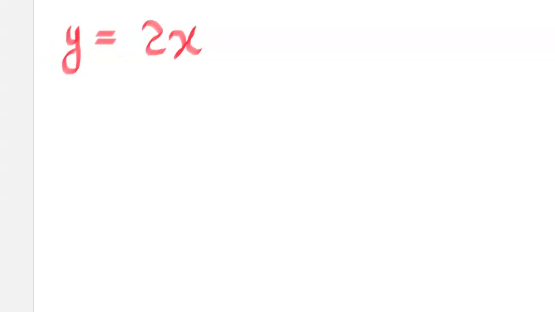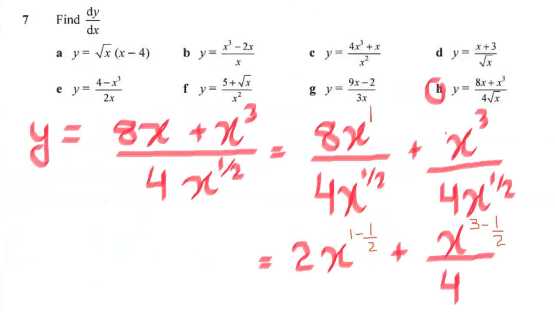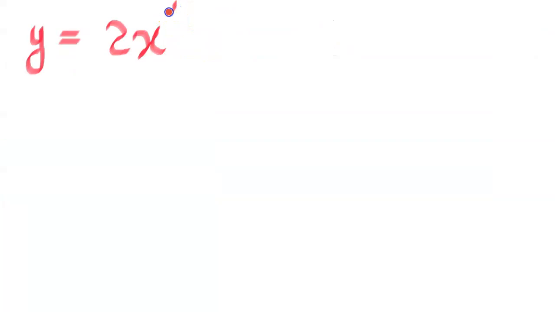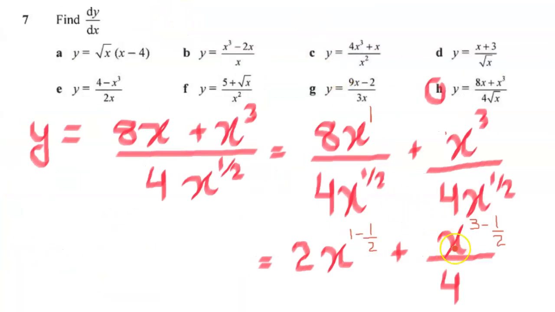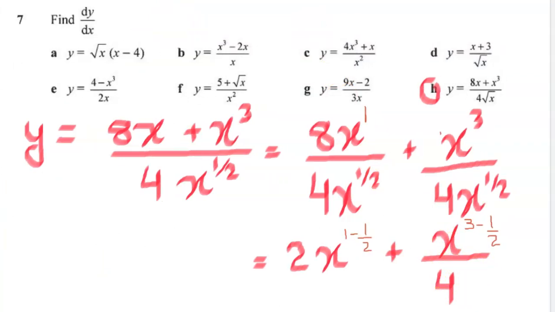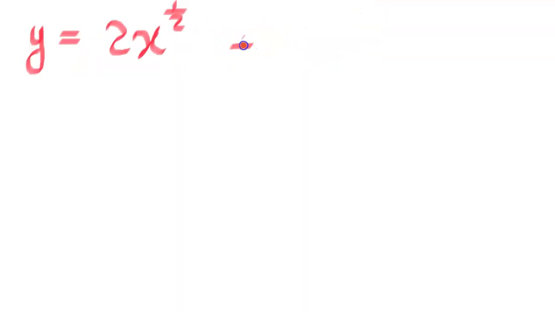Y equals 2x, and that was a half minus 1 minus half, so that's still going to be half. And the other one was x over 4, so x over 4 plus x over 4. So the 4 is there.